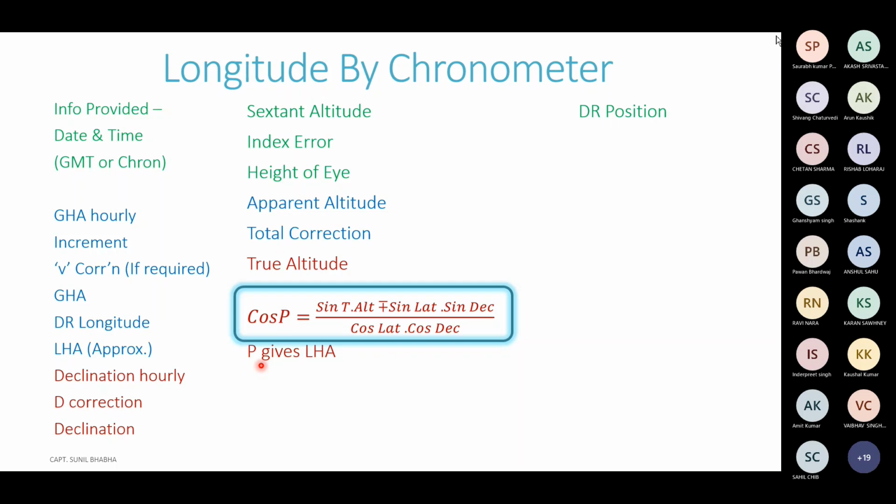Using this value of P, we can now calculate the exact or accurate LHA. Now, when we find LHA from P, one doubt which is going to arise in our mind is whether P is equal to LHA or P is equal to 360 minus LHA.